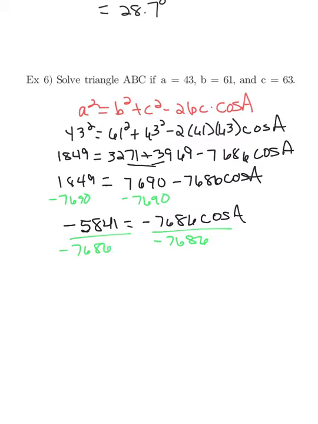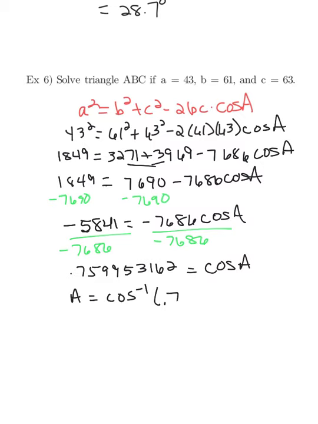And so we have 0.79593162 equals the cosine of A. So A has to equal the inverse cosine of our decimal. So A comes out to be 40.5 degrees.